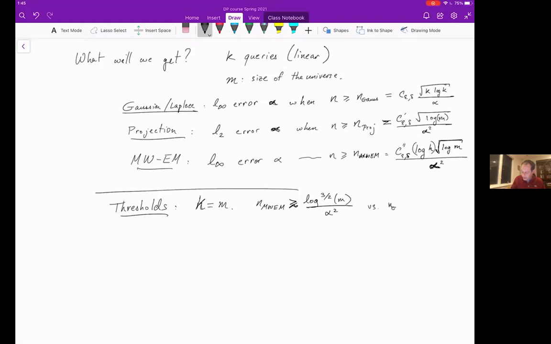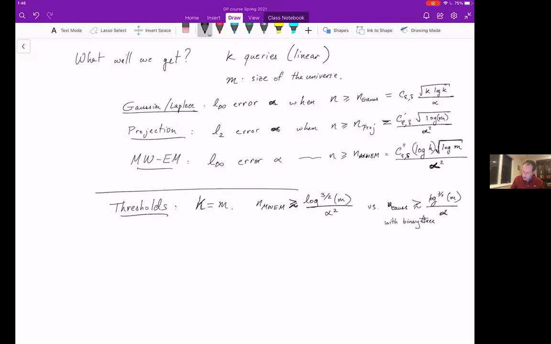Whereas the Gaussian mechanism that we saw before had something like that sort of similar dependency on the logs, but over alpha. So actually for the thresholds family, this was with the binary tree improvement that we saw in lecture 5.